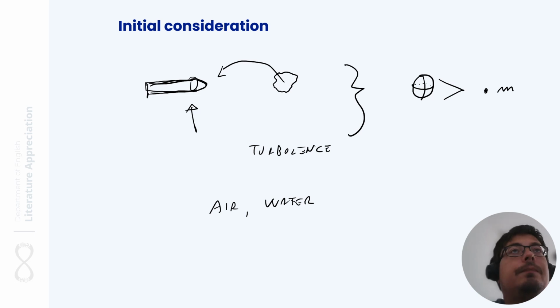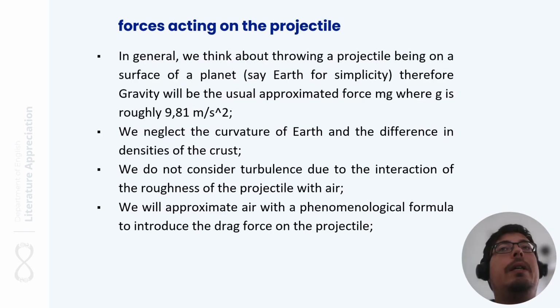So next, we need to always consider the forces that are acting on an object to understand the motion of an object. Okay, so the first thing to consider is that we think about flinging and throwing a projectile while being on the surface of a planet, suppose Earth for simplicity, but this would work on any habitable planet.